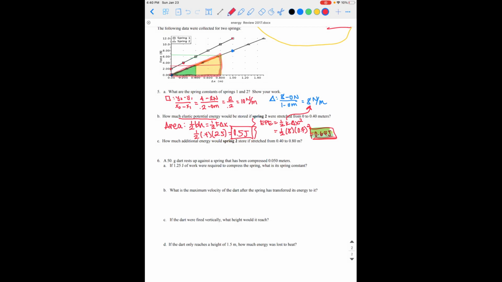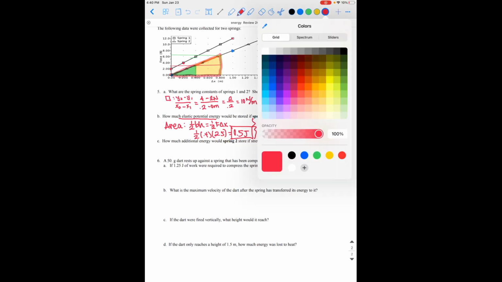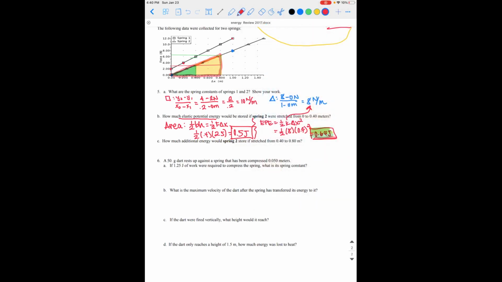So again, these are estimations, and as long as you do the work correctly, you will get points for it. I'm going to do the area of that big triangle. 1/2 base of 0.8 times a height of 6.5. That is for this big red triangle. All right, so I end up getting 2.6 joules.